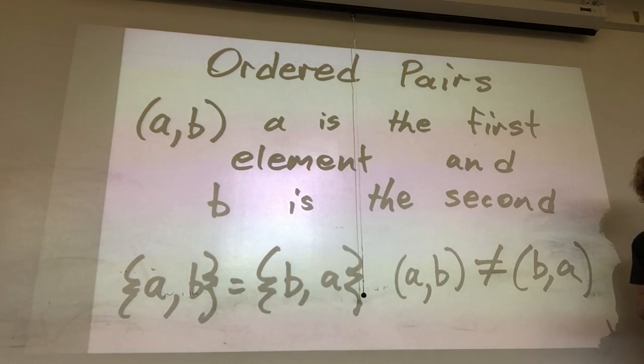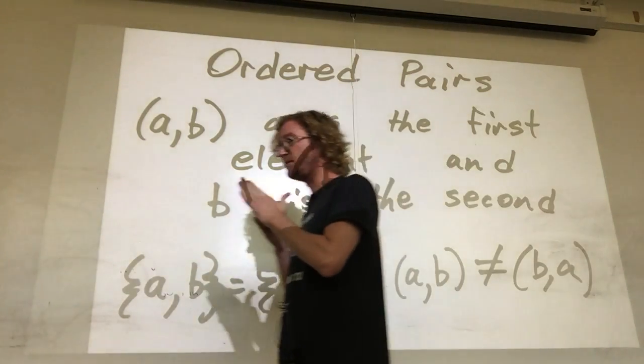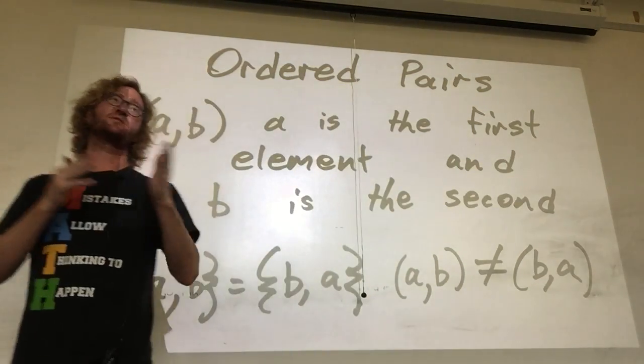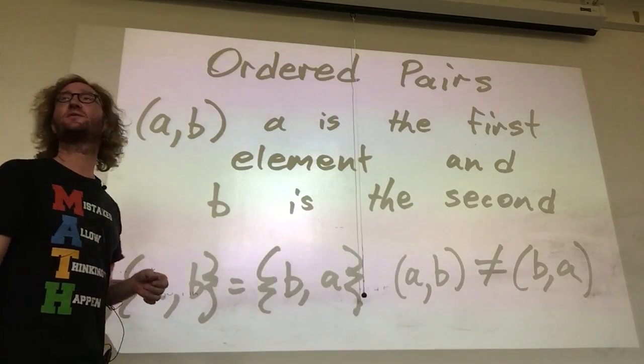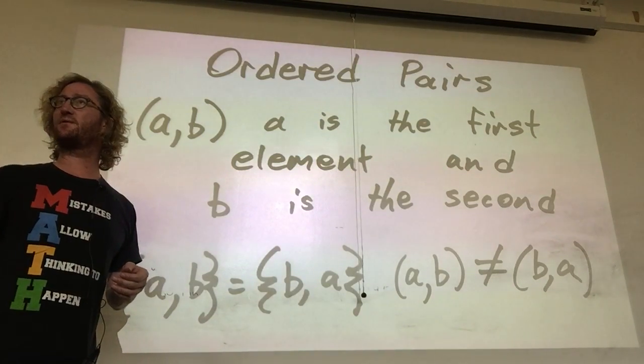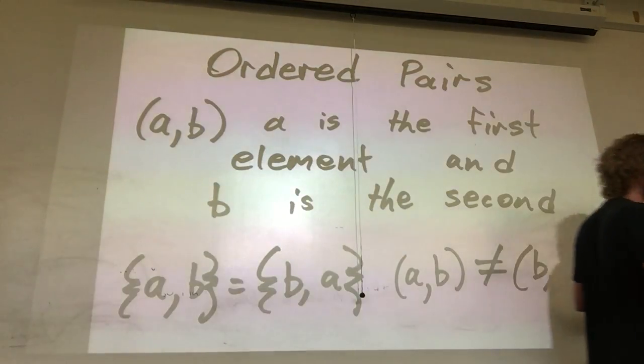Okay. So where are ordered pairs really used? Well, obviously they're used in a ton of places. But the Cartesian coordinate system, we're going to talk about Cartesian products here in just a second.